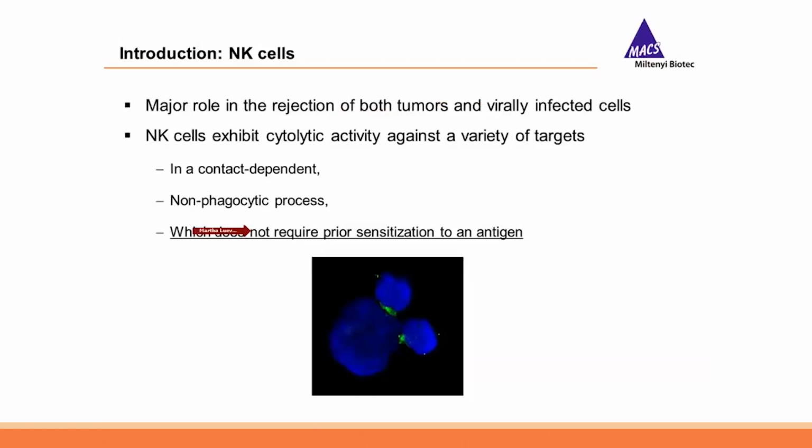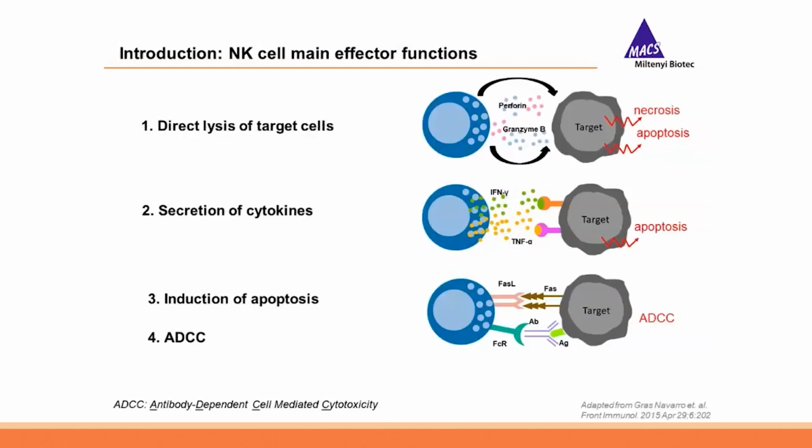And how are NK cells able to kill? NK cells can kill through direct lysis of target cells by secreting perforin and granzyme B, causing necrosis and apoptosis. They are also really good at secreting cytokines like interferon gamma or TNF alpha.